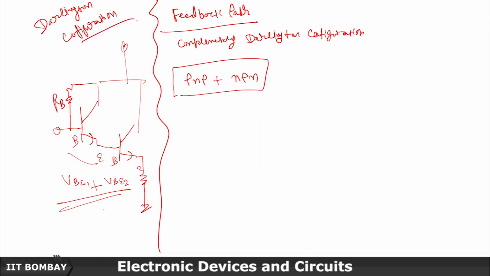And in this case, there is no such addition because one is complementary in nature. So this can be something like a PNP transistor, Q1 basically.